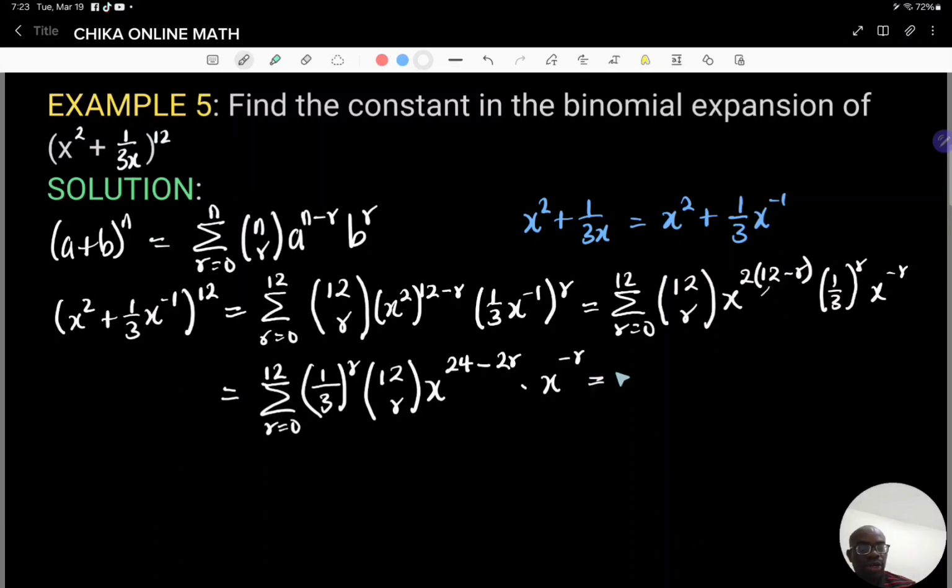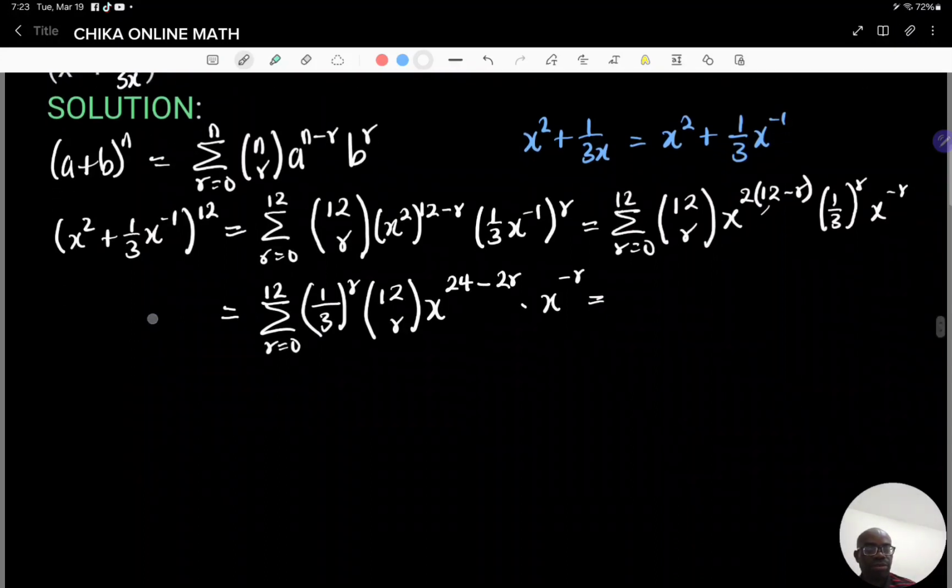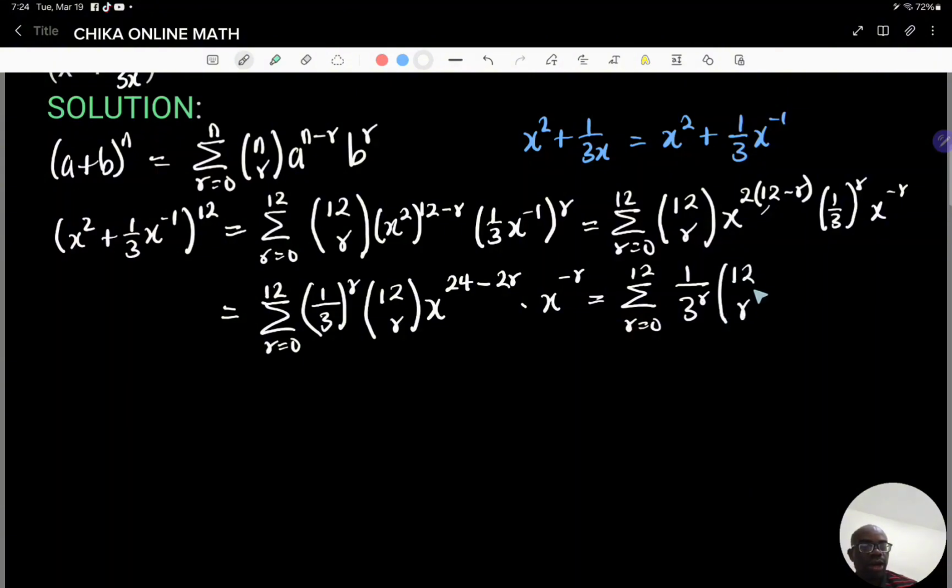So we can combine the powers of x further. So we have summation r equal to 0 to 12, 1 over 3 to the power r, 12 combination r. Now we combine the powers of x. So we have x raised to power 24, then minus 2r minus r will give us minus 3r, okay.